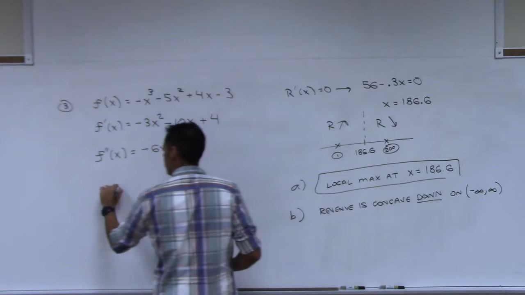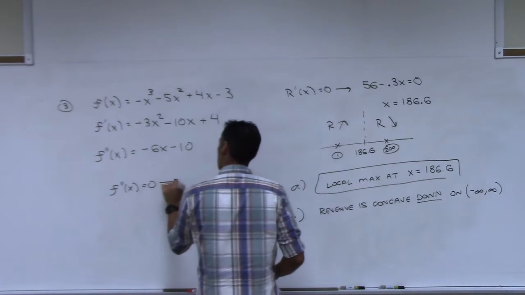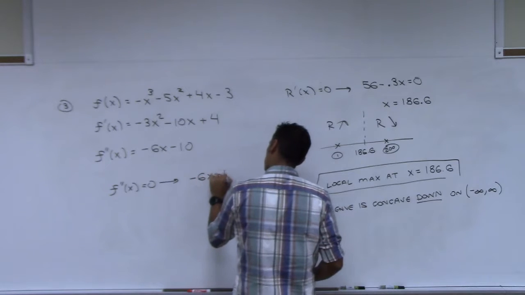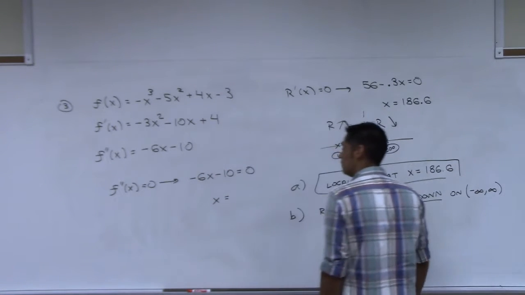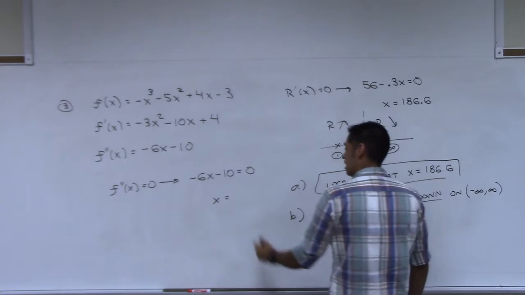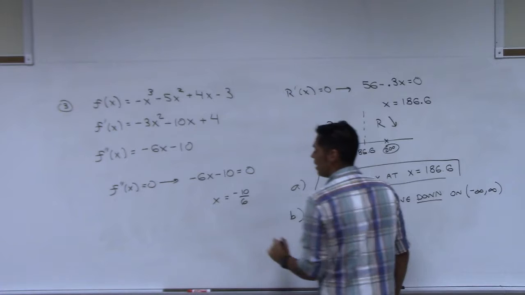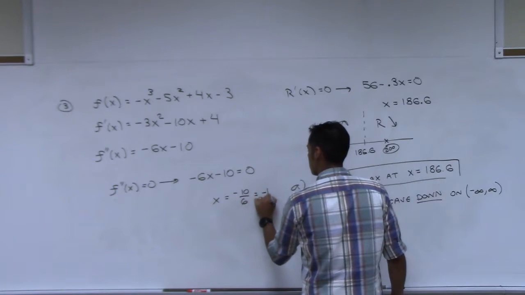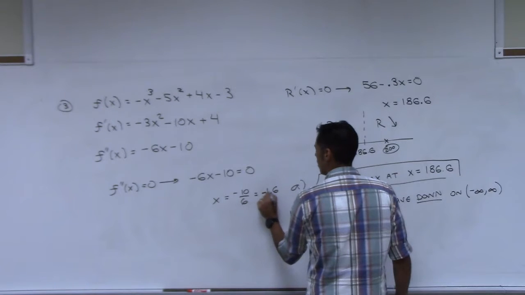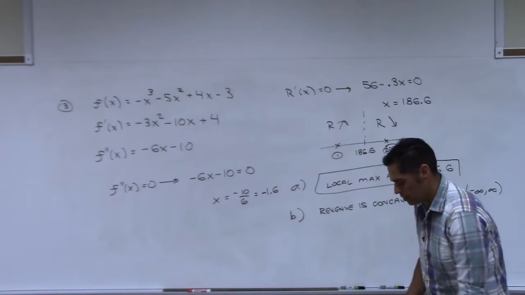So I want to take negative 6x minus 10, set it equal to 0, and I should get x is negative 10/6. What is that? Yeah, negative 1.6. All right. X is negative 1.6.